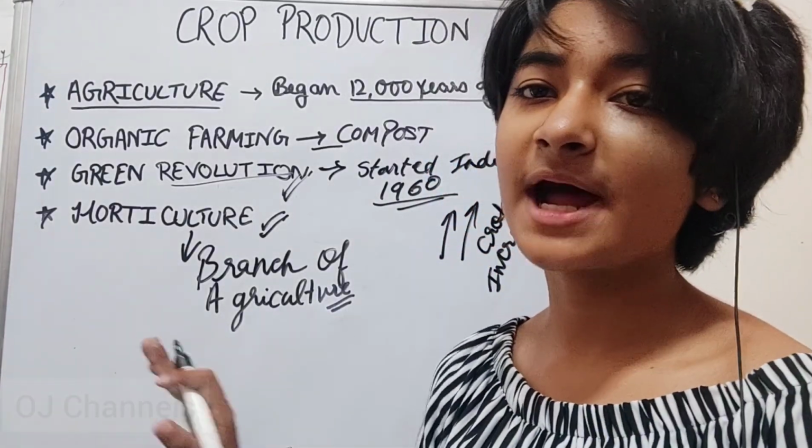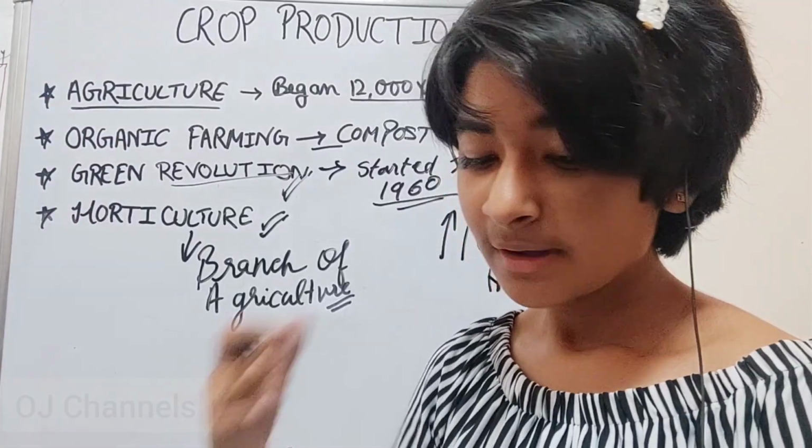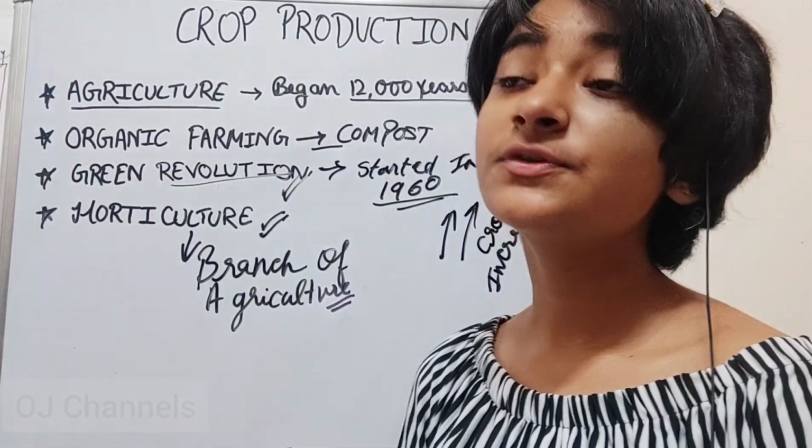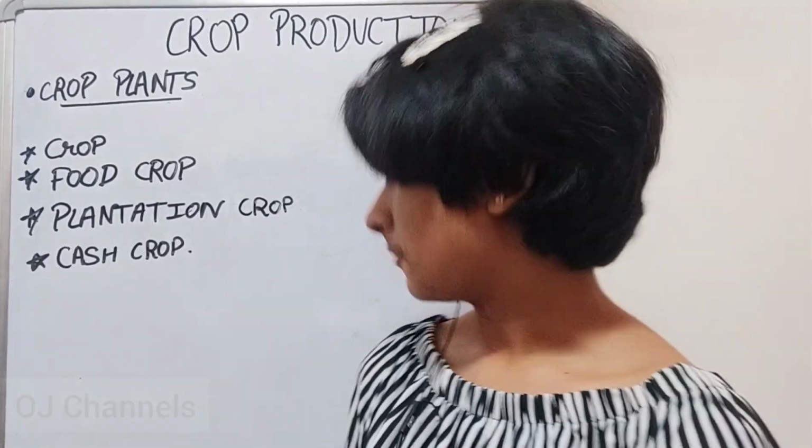Just horticulture is the branch of agriculture that deals with growing of decorative plants, trees, production of vegetables, fruits, etc. Okay.